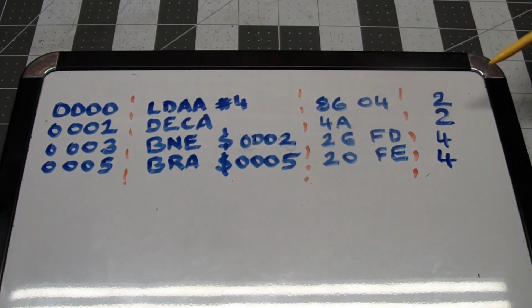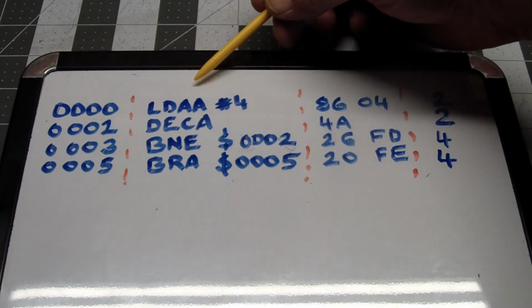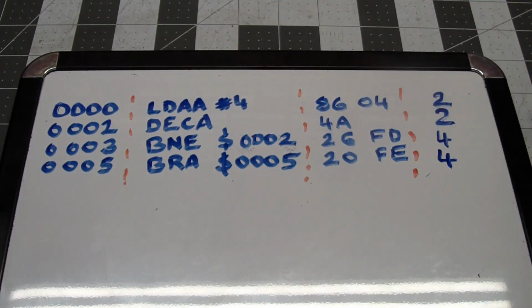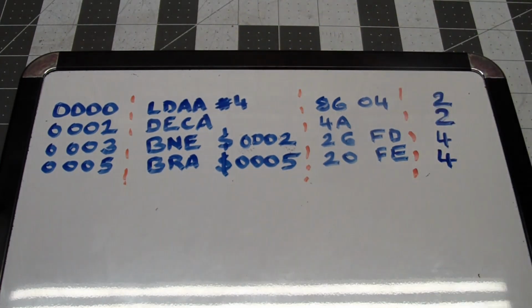Oh, and we do have a fourth column, and what the fourth column is telling us is how many machine cycles it takes for the processor to execute each instruction. A machine cycle is one complete cycle of the phase 1 clock. So the phase 1 clock has to oscillate twice for this instruction to be executed in its entirety. And why would you need these numbers? Well, this is a timing issue.